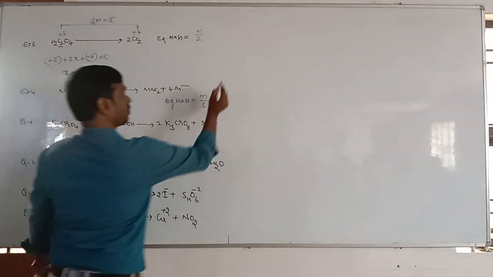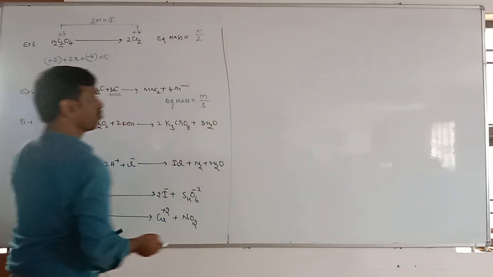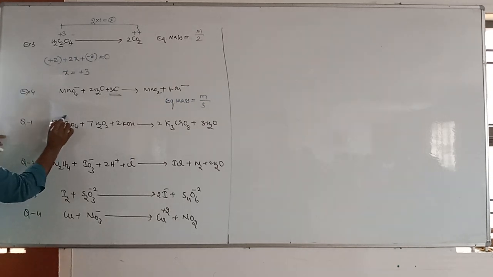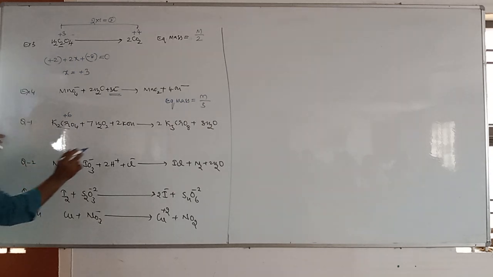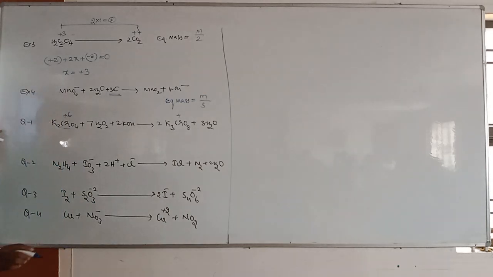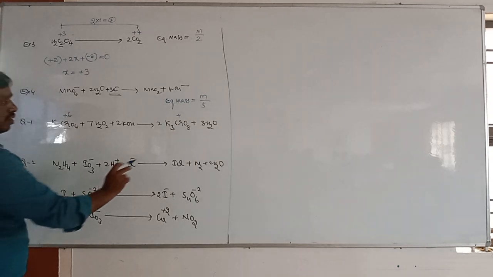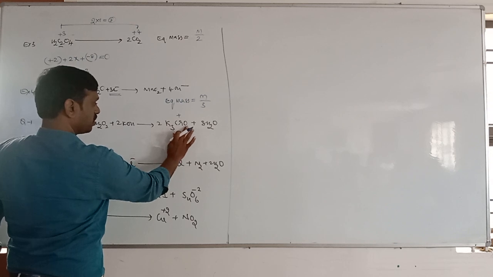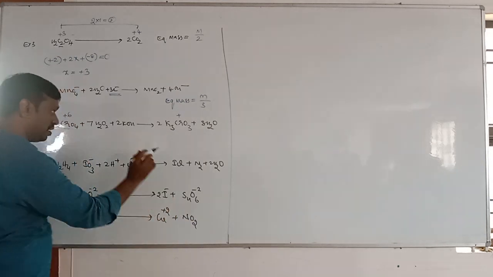Right. Tell me, first one, you first identify the oxidation numbers. Now in this case, what is the chromium OS? Plus 6, very good. Now here what is the chromium? Plus 3, yes, 3 is correct.